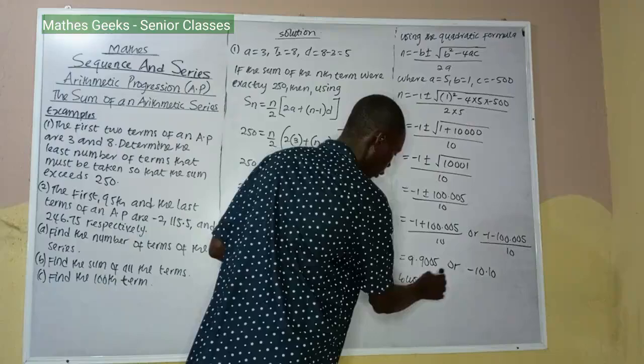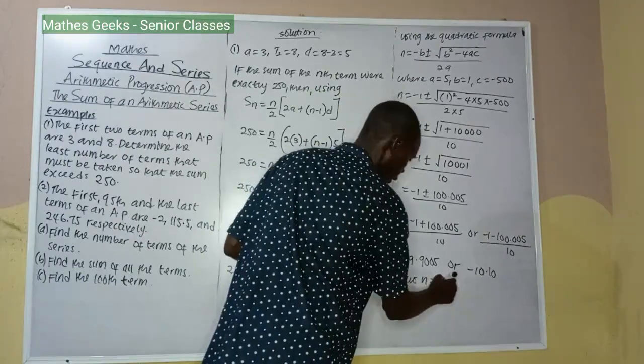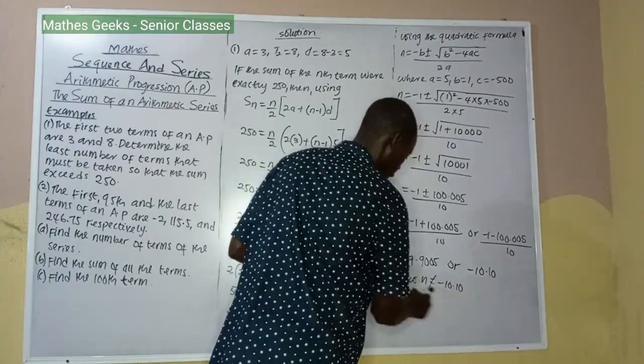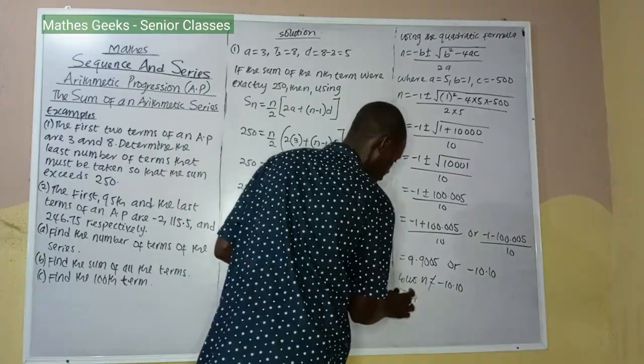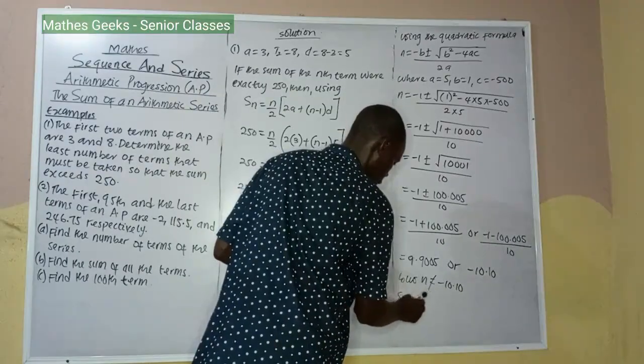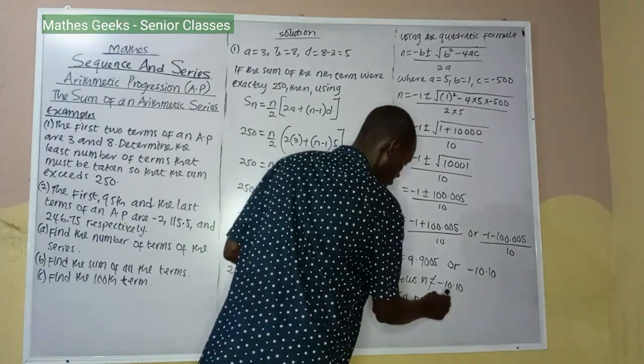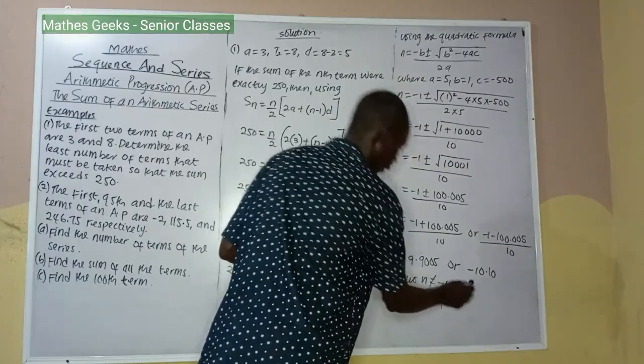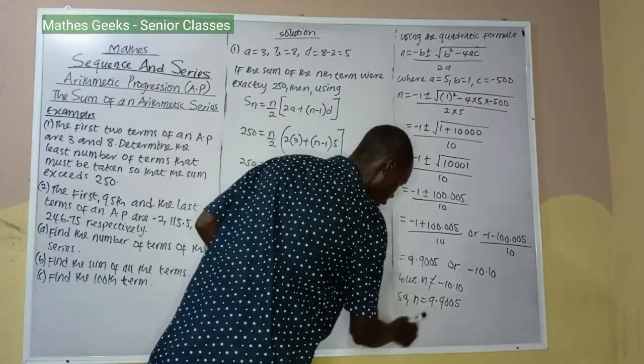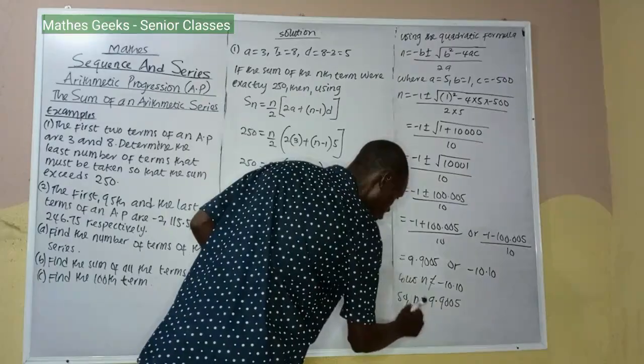But n cannot be negative, so n is equal to 9.9005. But since n is greater than 9.9005, it must be a whole number.